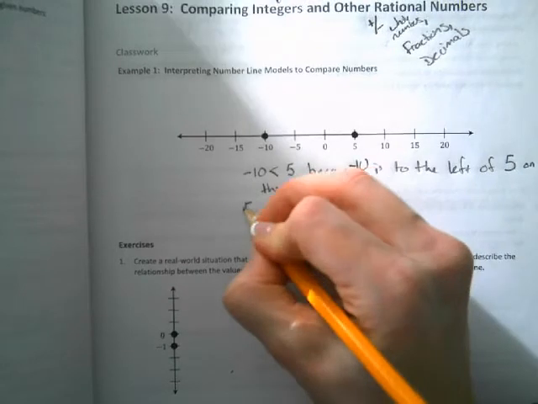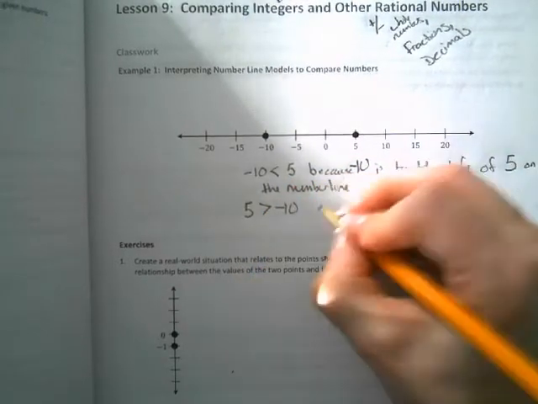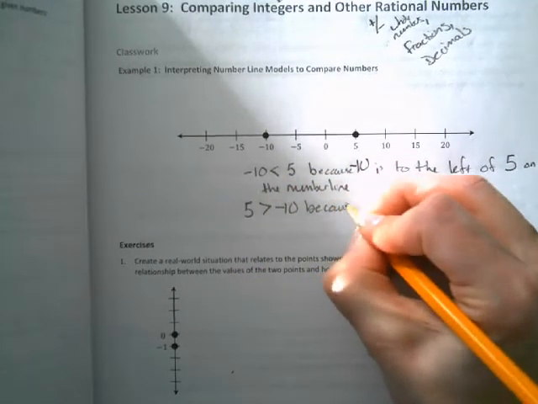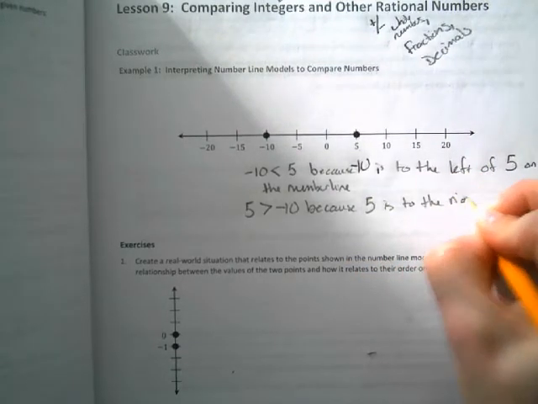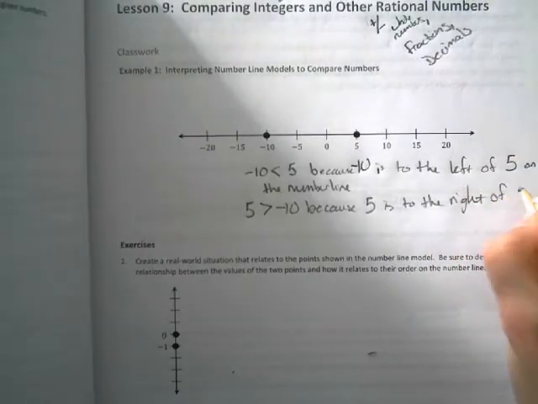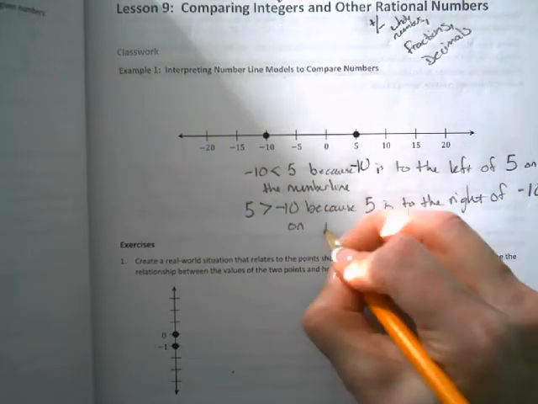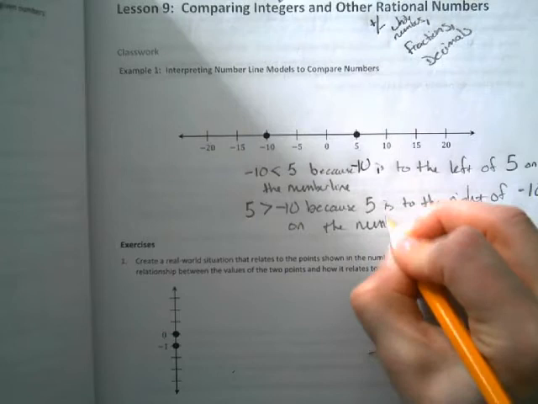You also could say that 5 is greater than -10 because 5 is to the right of -10 on the number line.